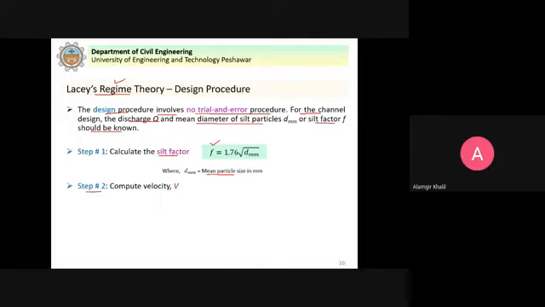Step number 2 is that we will calculate the velocity v. This is the velocity equation in the MKS system, and this is the equation to calculate the velocity in the FPS system. You can see here that in these equations, v is related to the discharge and the silt factor.